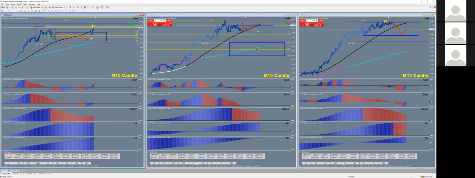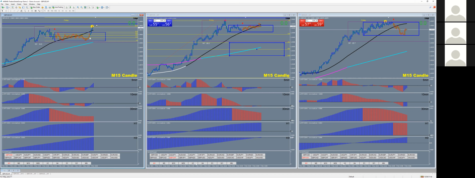But pound Swissy could be giving a trade to the upside if Swiss is pointing up in the currency leader. The best match is pound CAD, pound dollar, pound yen.